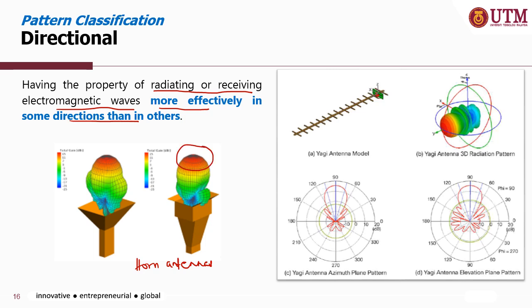So this shows that the horn antenna has a directional pattern pointing in the intended direction. Same goes to the Yagi-Uda antenna, also having a directional pattern in which we can see the main lobe pointing upwards while having very minimal side lobes and also back lobe.